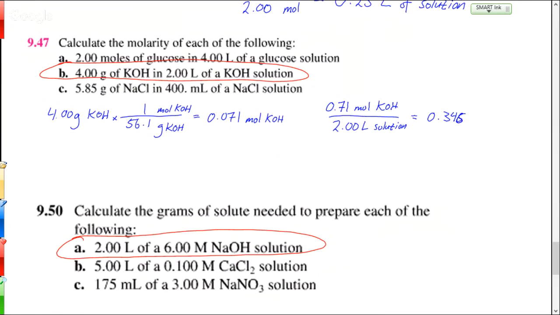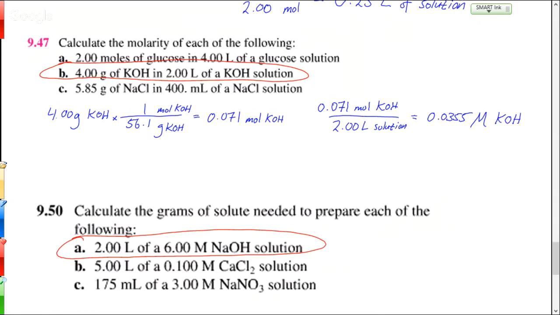Like 0.346. Oh yeah, this would be 0.0. Yes, thank you. I just copied it over wrong. So 0.0355 molar.